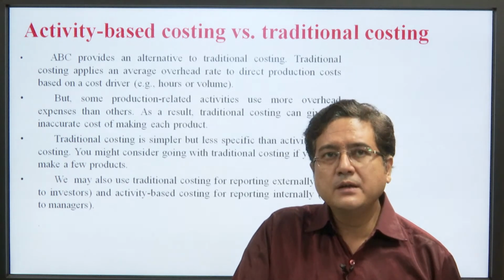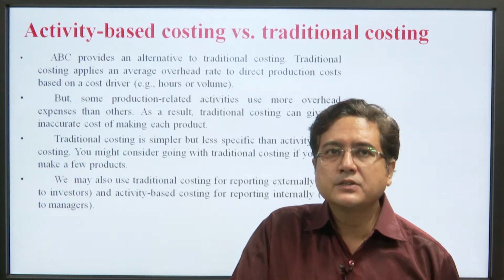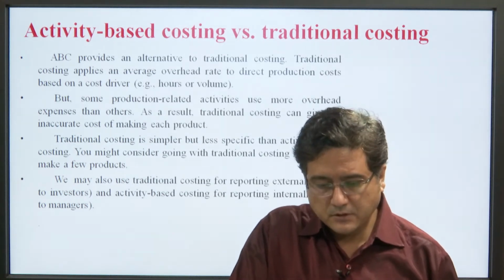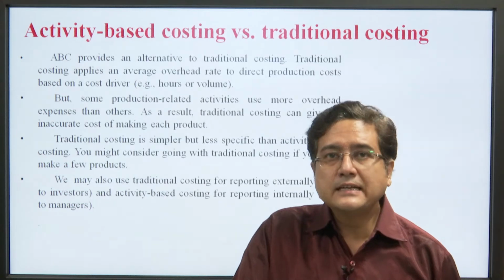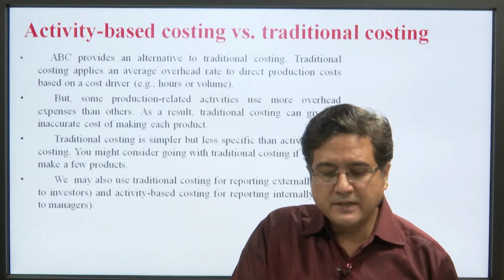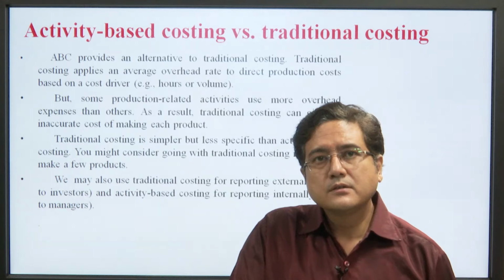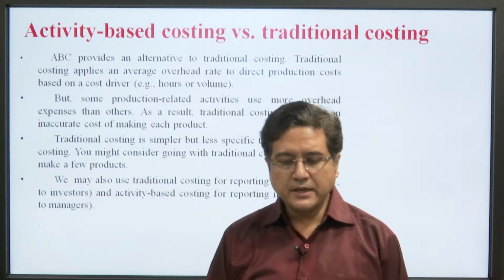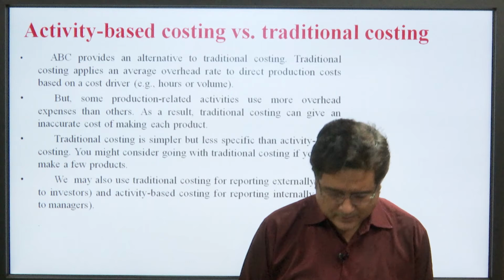Therefore, it is very important to understand ABC and compare it with the traditional costing. Traditional costing is similar, but less scientific than activity costing. You might consider going with traditional costing if you are only making a few products.